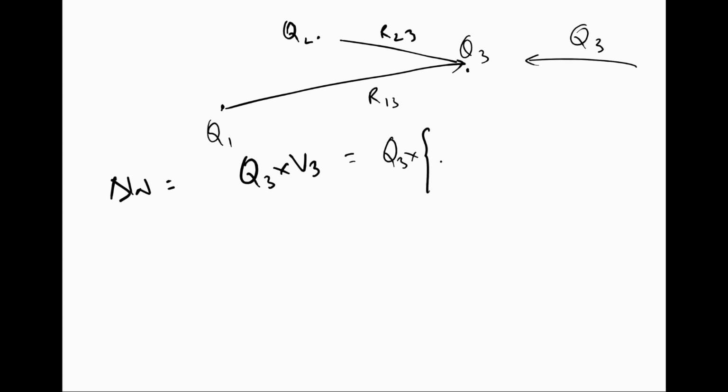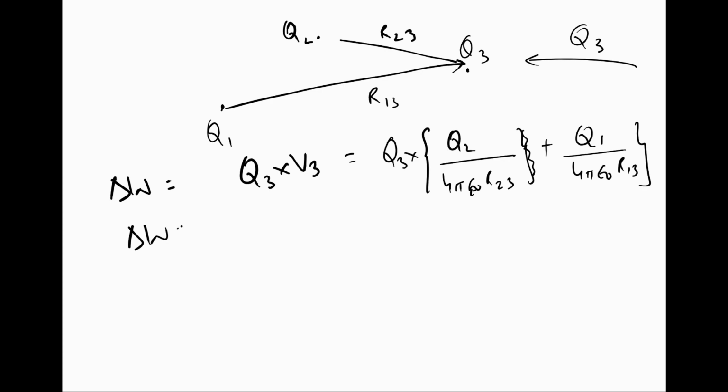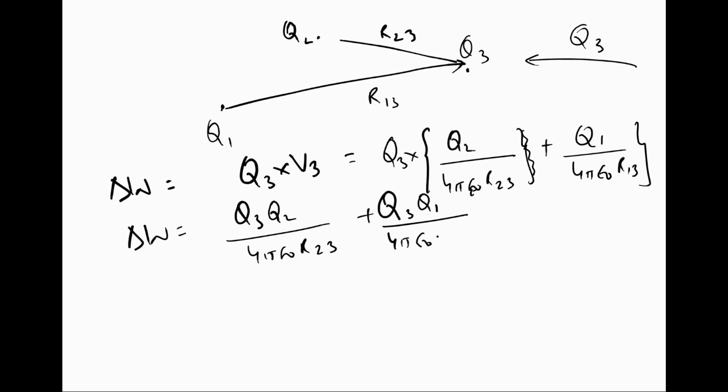Q3 into the potential due to Q2, 4 pi epsilon naught R23, plus the potential due to the charge Q1, 4 pi epsilon naught R13. So the additional work done will be Q3 Q2 over 4 pi epsilon naught R23 plus Q3 Q1 over 4 pi epsilon naught R13.